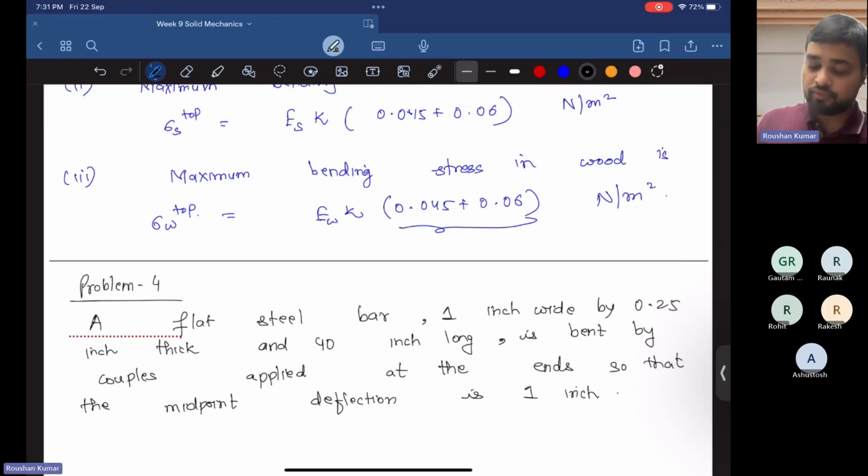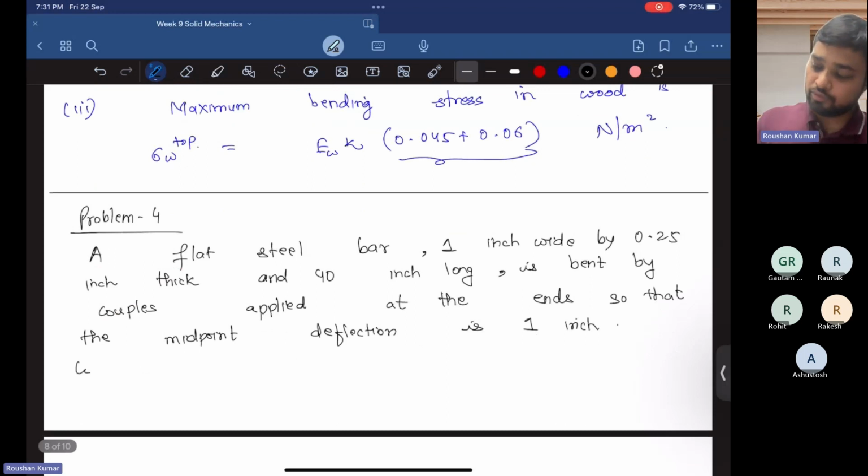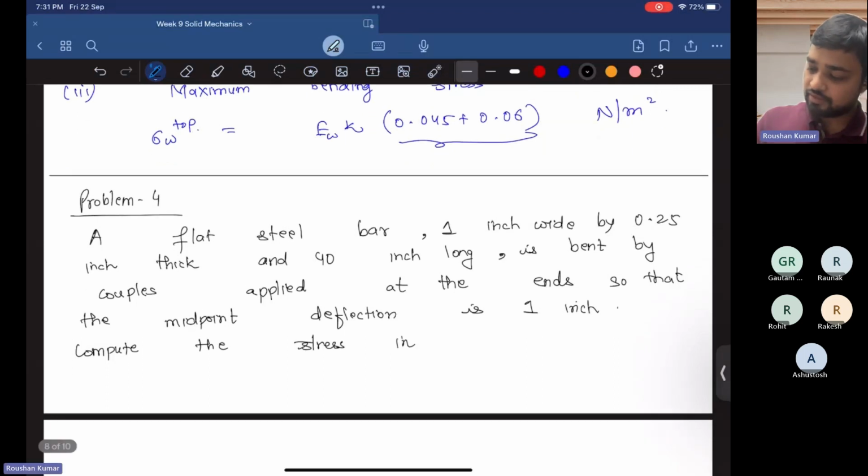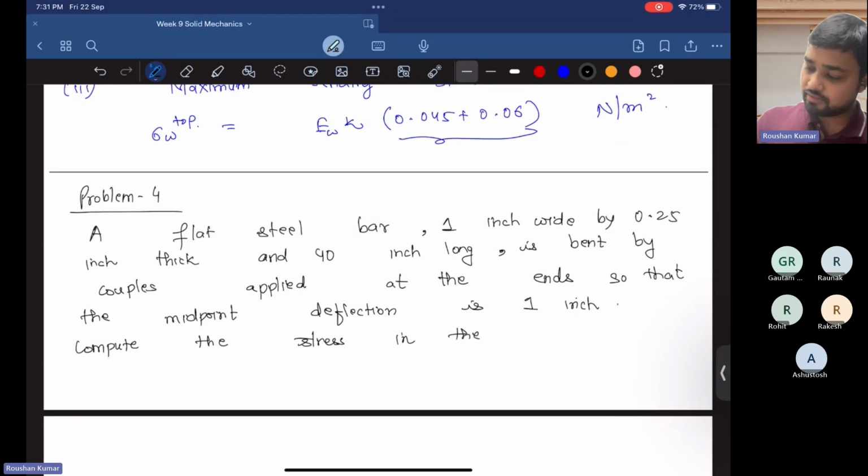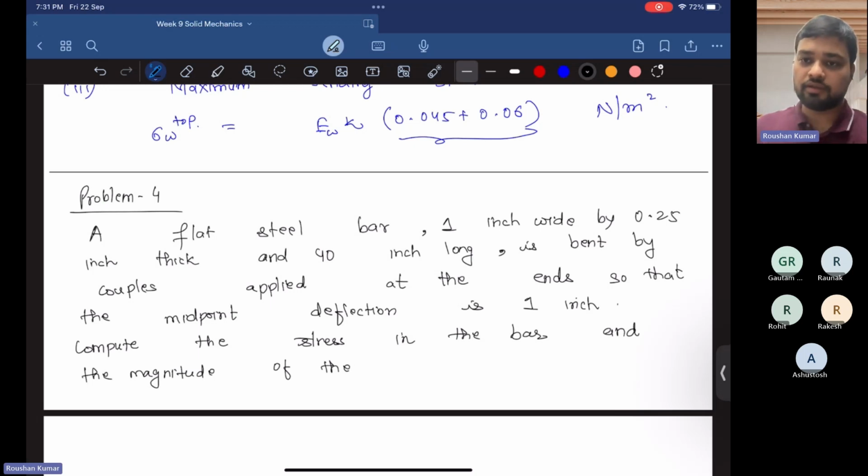The question is to compute the stress in the bar and the magnitude of the applied couples.